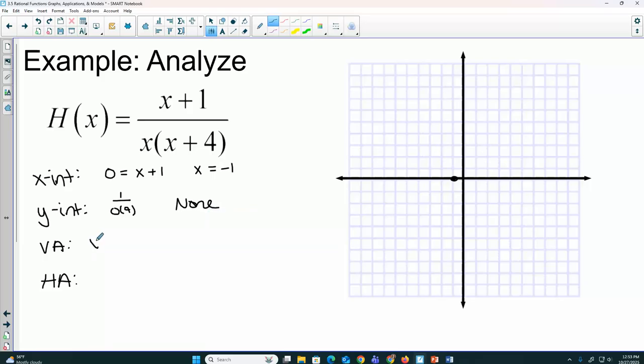Vertical asymptote, x equals, what makes the bottom 0? 0 and -4. So I have two vertical asymptotes, one at 0 and one at -4.